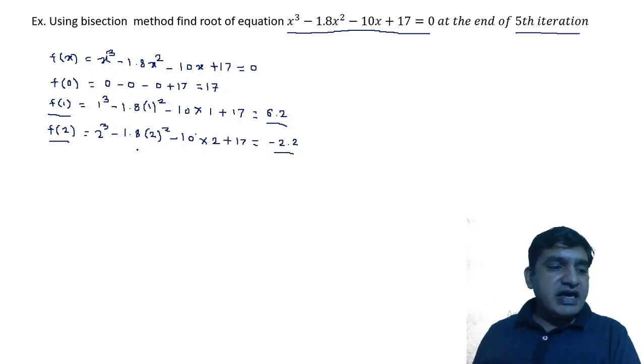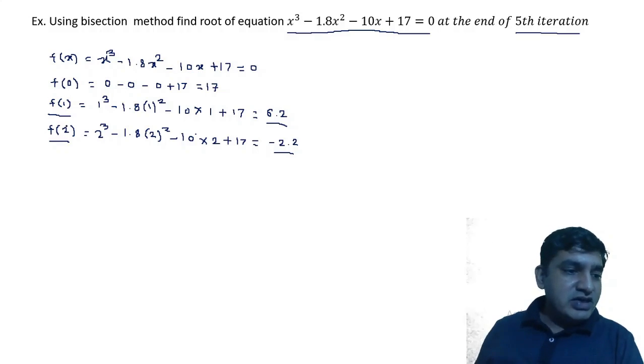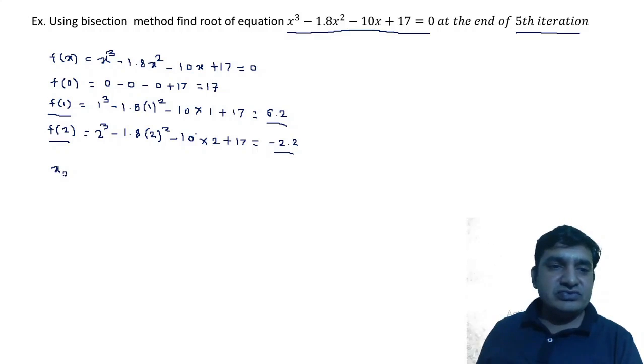Here f of 1 is positive, f of 2 is negative. It indicates that the root lies in between 1 and 2, so that we can find the value of x2. It is equal to the half interval, x0 plus x1 divided by 2.